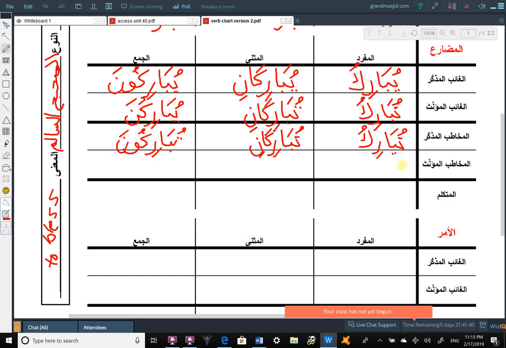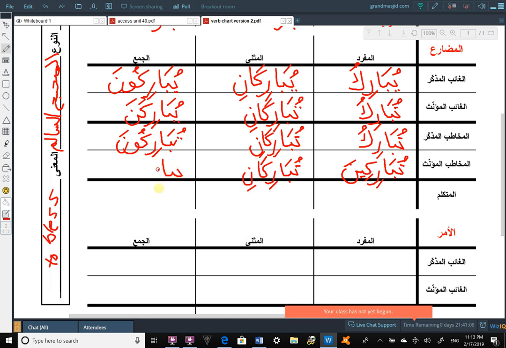Then we have anti. We add the ya of mukhataba and the noon of marfu. Tubarikina. Right? And then tubarikani again. And then we add the noon of niswa.